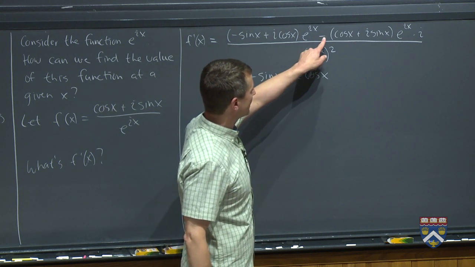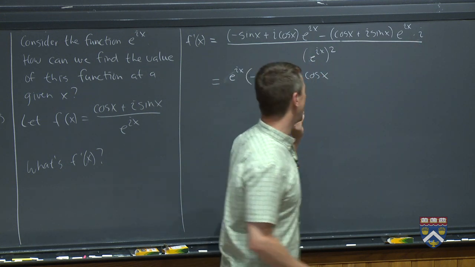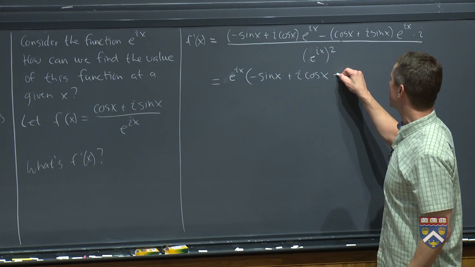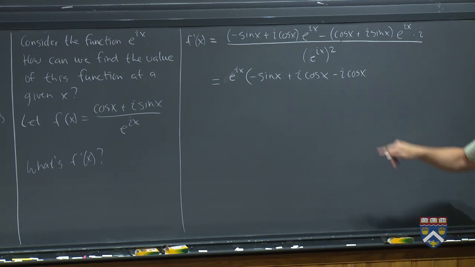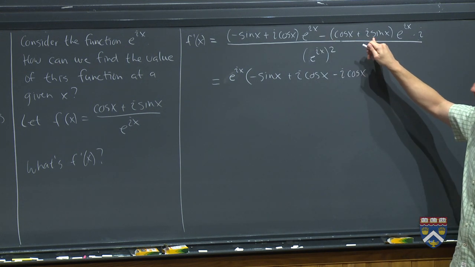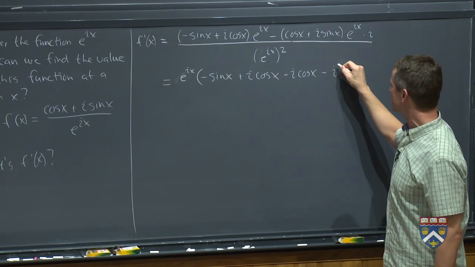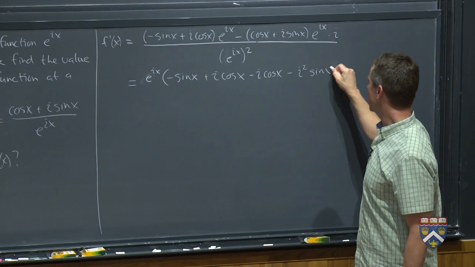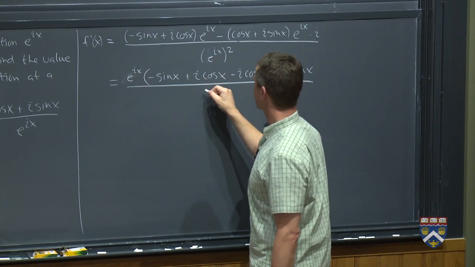From over here, I've got this negative times the cosine of x times this i at the very end. So that's going to give me a minus i cosine of x. And I've also got this negative times i sine of x times an i. So I've got a negative i squared sine of x, all over e to the ix quantity squared.